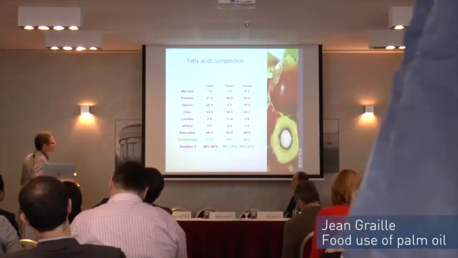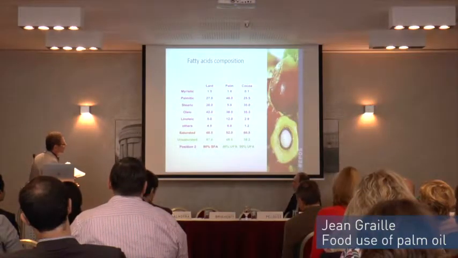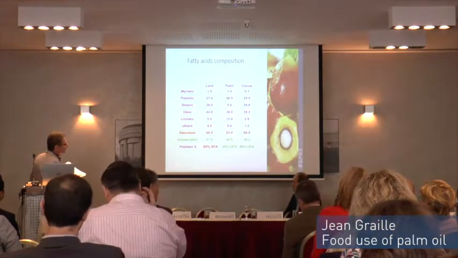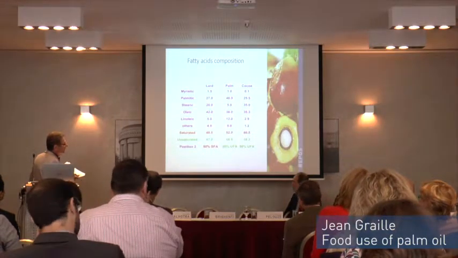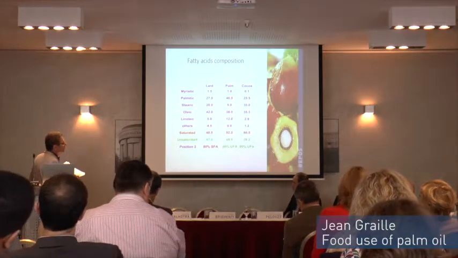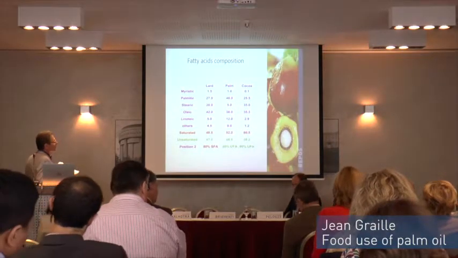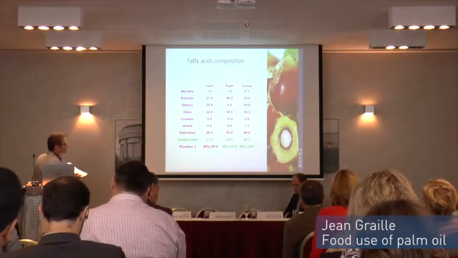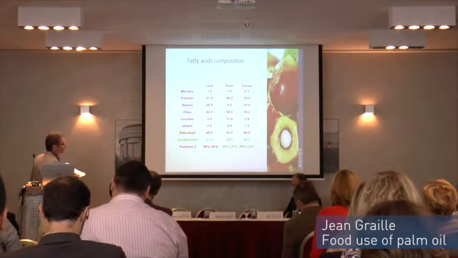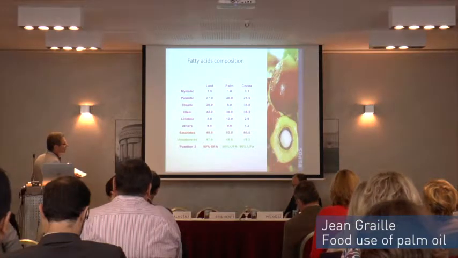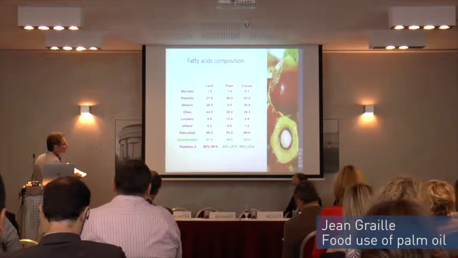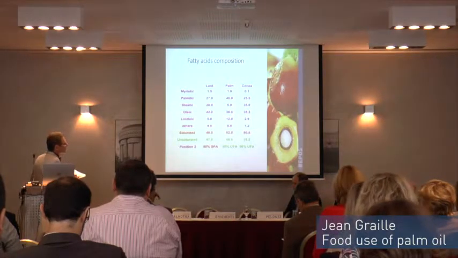On the opposite, if in the food intake you have palm oil or cocoa butter, you see that the fatty acids carried through the intestine wall are unsaturated instead of saturated fatty acids as in the case of lard.